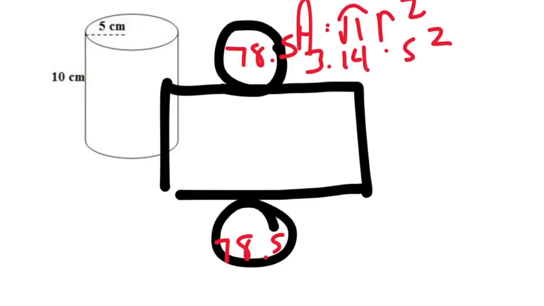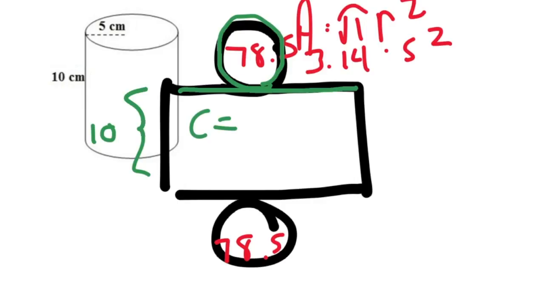Now, we need to find the area of this unwrapped rectangle that goes around the cylinder. Obviously, this dimension is 10. What would this distance be? It has to wrap around the circle, so it has to be equal to the circumference of the circle. And the circumference of the circle is pi times diameter.